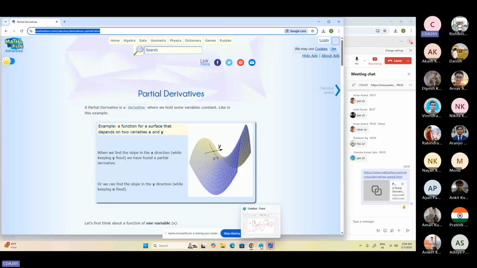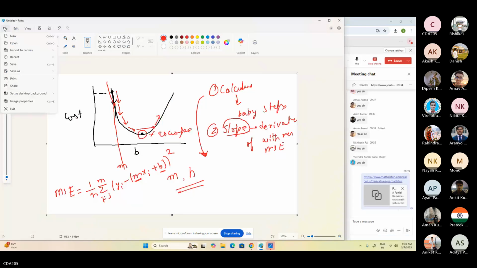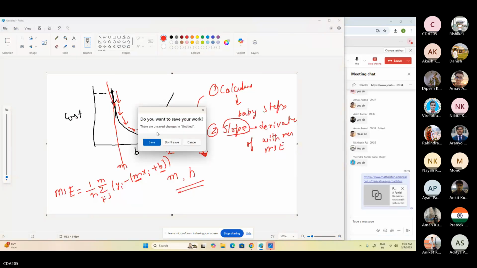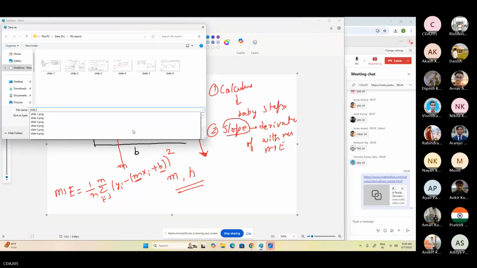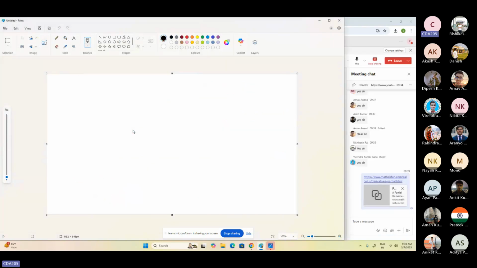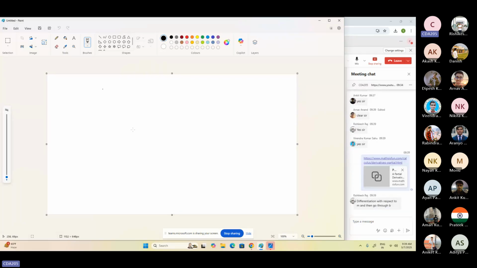So now we are coming to our problem. Let us start with how we will calculate the partial derivative. Yes, Rishikesh, you are right. So f(x) is equal to x cube. For one variable, d/dx of x cube is equal to what? It is 3x square.